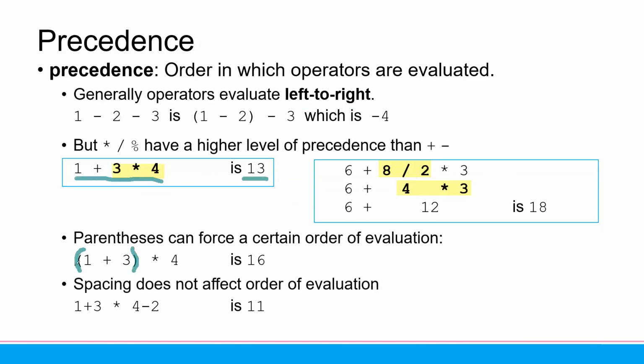But if you put parentheses, they will be evaluated first. So 1 plus 3 will be 4, and then we multiply by 4. So the result will be 16. Note that spacing does not affect the calculation.